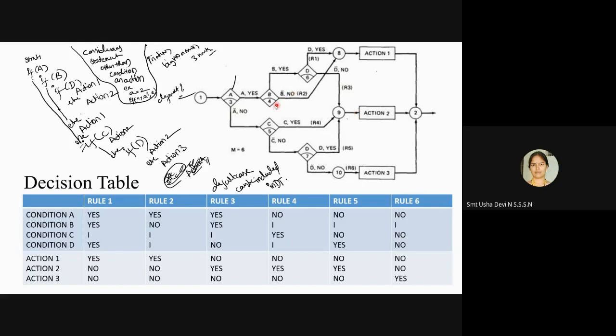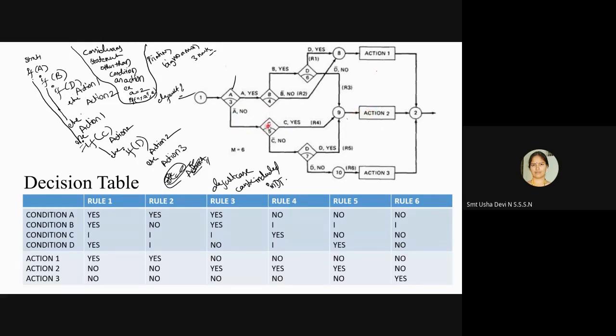Coming to the other part here, these numbers 4, 3 are representing the number of decision nodes only. It is not something else. You can also keep numbers like this. Now come to the next part. A is no, B is not there, right? And it is achieving action 2.